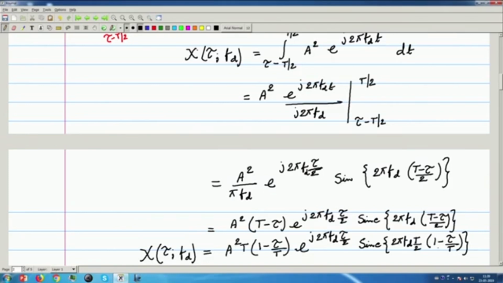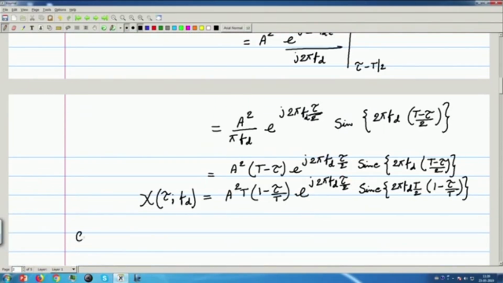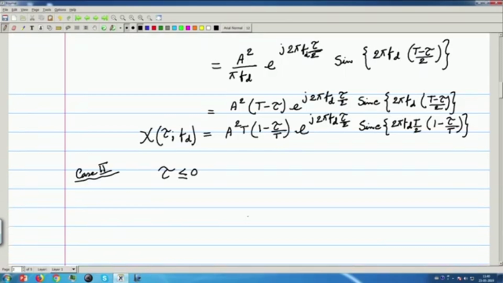Now, I can have a case 2 also, where tau is negative. Again I can draw that, because the limits need to be found out. Actually, for any correlation, tau can take any value from minus infinity to plus infinity, but since the given signal is finite, you need to break that.